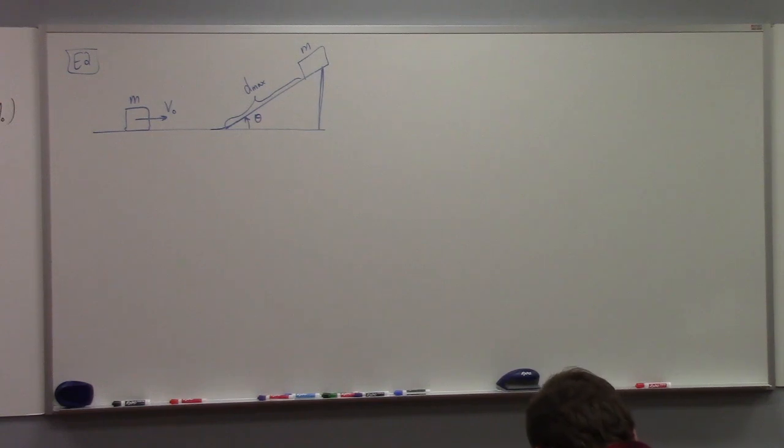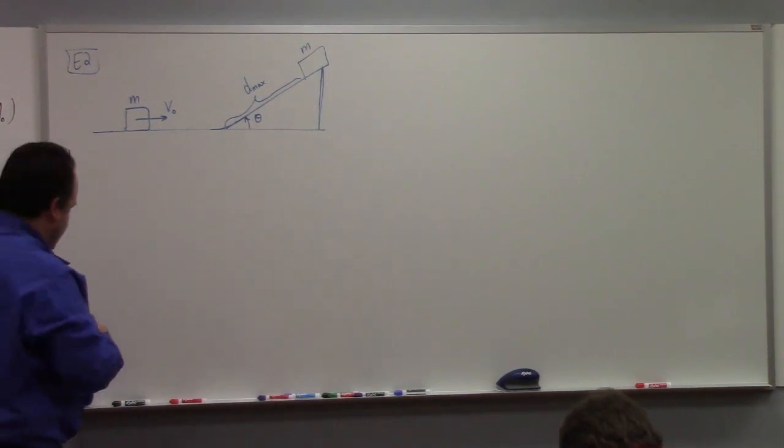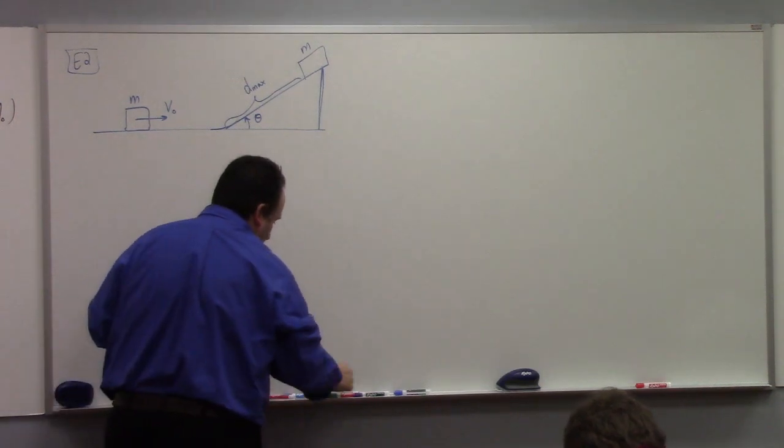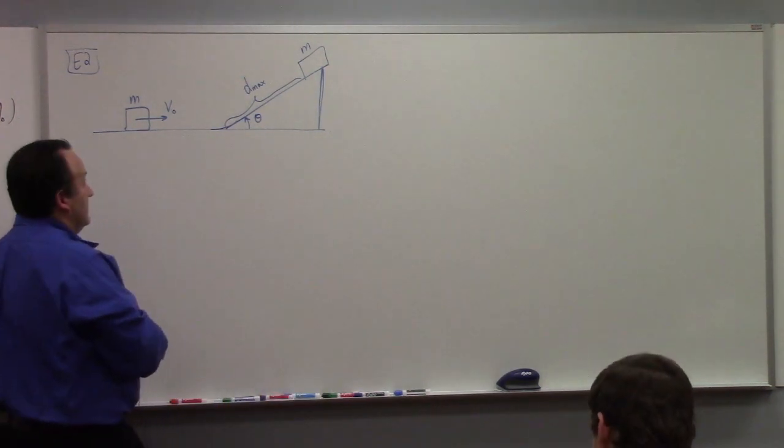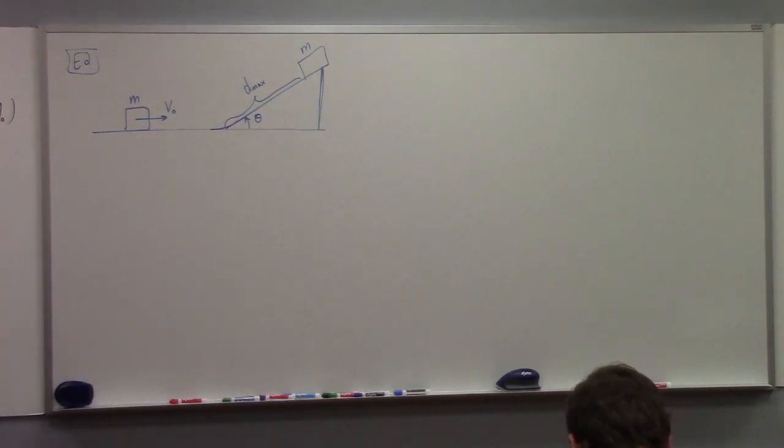Taylor had an idea? No? All right. So I would say what's at play here is the only force really involved is gravity. That's a conservative force. Since there's no friction, energy is still conserved.